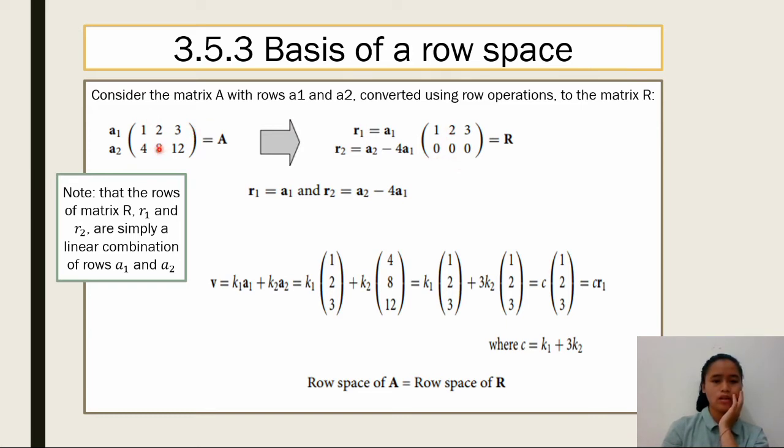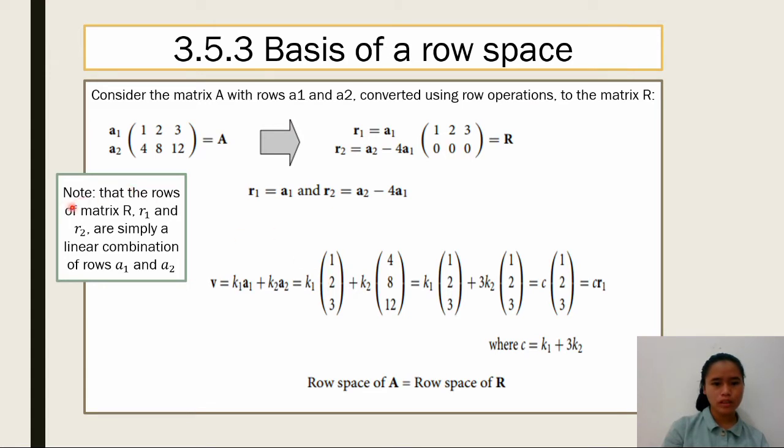Then 8 minus 4 times 2 is 0. And also 12 minus 4 times 3 is 0.